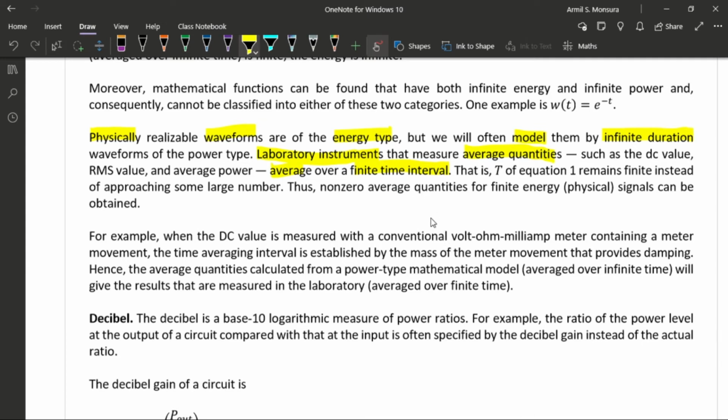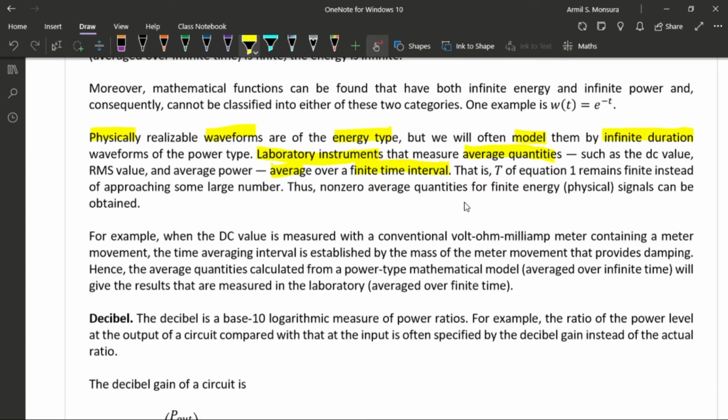Supposedly, when our signal is of energy type, which is what our physical waveforms are, we should not be able to compute these average values using the time average operator, because the time average operator assumes that your t, or the duration of your signal, is infinite.